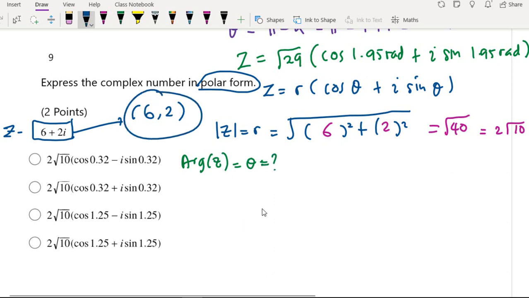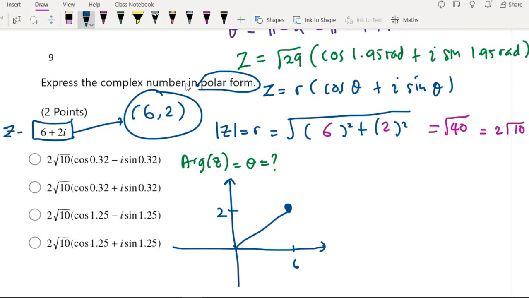Double check, this is the coordinate. Sketch a simple Argand diagram. This point lies in the first quadrant. So your theta, starting from the positive x-axis to the line, is also alpha. So theta equals alpha.